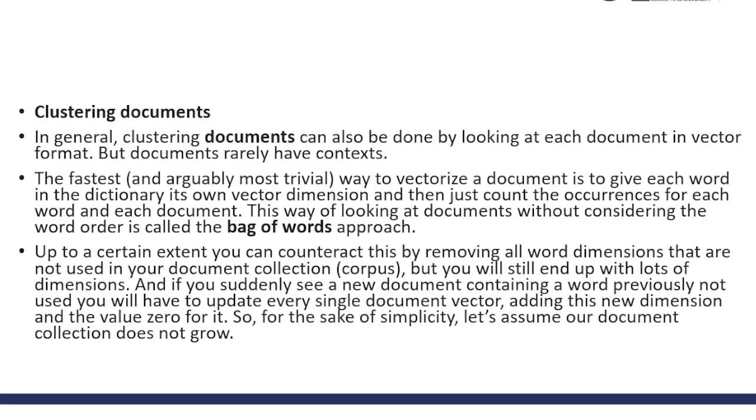For example, a king will be represented by a vector with some 100 dimensions. Then various vectorization or word embedding methods like bag of words, TF-IDF, all these can be applied. After that, the clustering method is going to be applied.